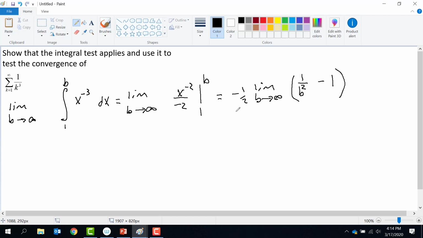Notice that because my exponent was negative 2, when I added 1 to the exponent, instead of my factors staying in the numerator, they went down to the denominator, and now the limit of this expression is 0. And so here we get a positive 1/2.